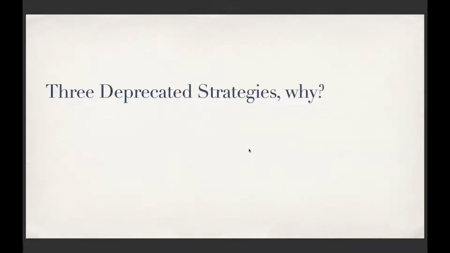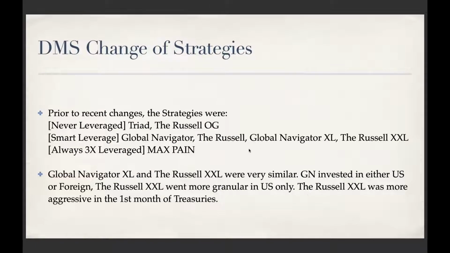So, 3 deprecated strategies. This is what it looked like previous to the changes. I have 2 strategies that never use leverage: Triad, which I would call a better 60-40, and the Russell Original, which uses no leverage.